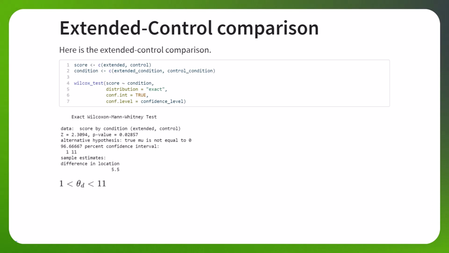Here we find that we had a difference of 5.5 extended over control. So again, that's our best estimate. Now, that as a point estimate, we can't put any confidence in, which is why we constructed the confidence interval. But nonetheless, the best single guess at what the parameter is 5.5.